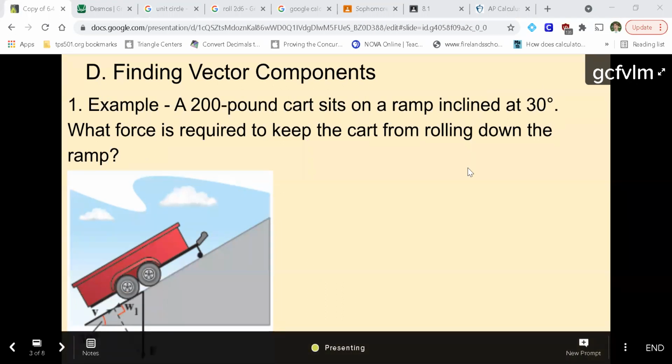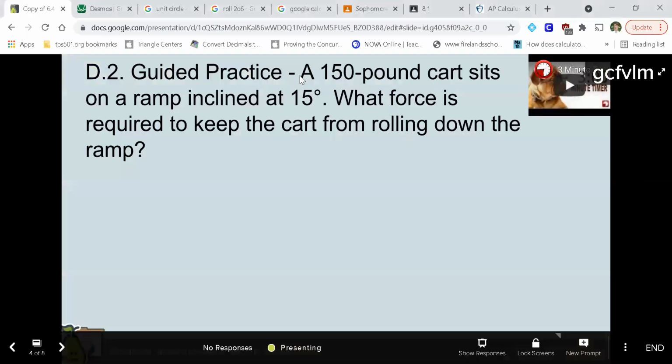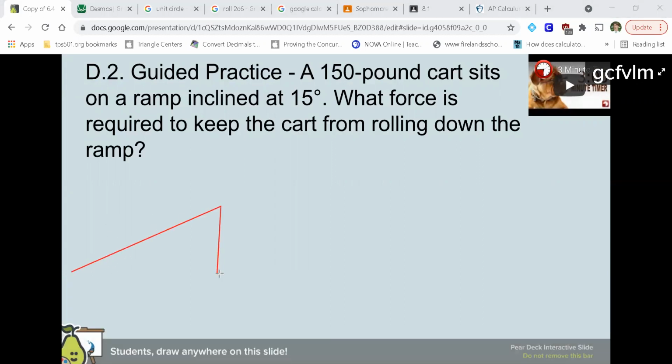Okay, let's have you do one then. Same problem. That's a 150-pound cart now, and the ramp is now 15 degrees. So this is 15 degrees. You've got a 150-pound cart.